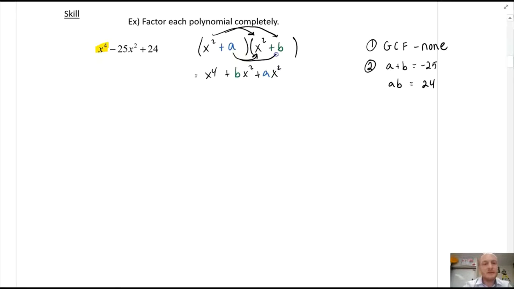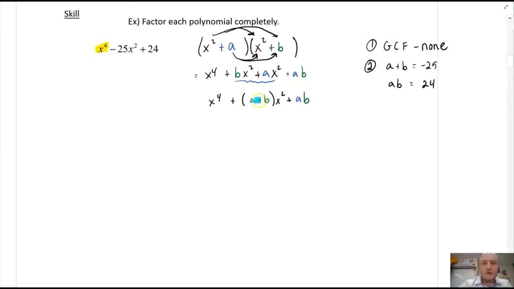And then a times b would be ab. If I simplify this, x to the fourth plus, I can combine these because they are like terms, so I have a plus b x squared plus ab.